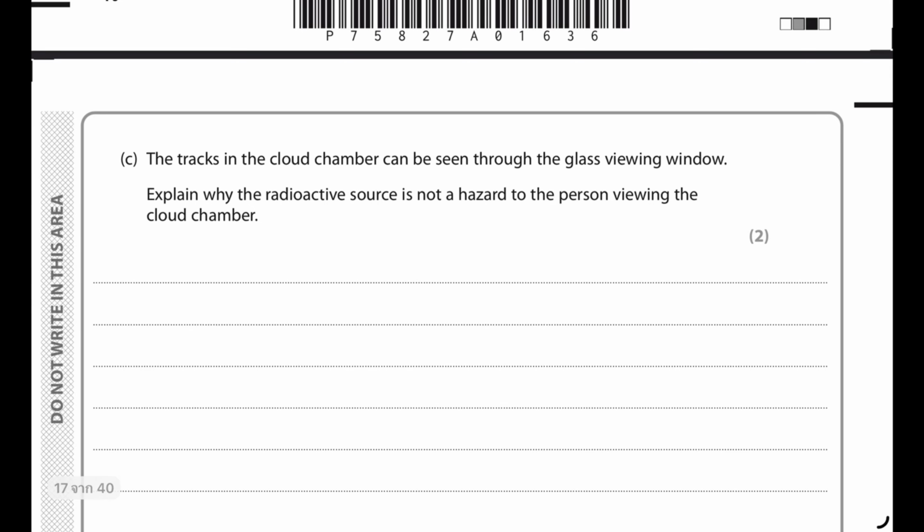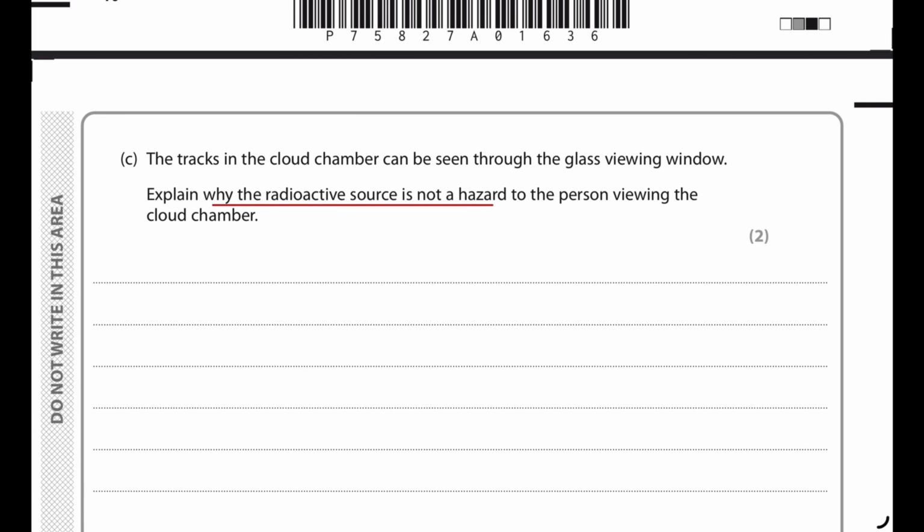Okay. Then question C. The tracks in the cloud chamber can be seen through the glass viewing window. Explain why the radioactive source is not a hazard to the person viewing the cloud chamber.